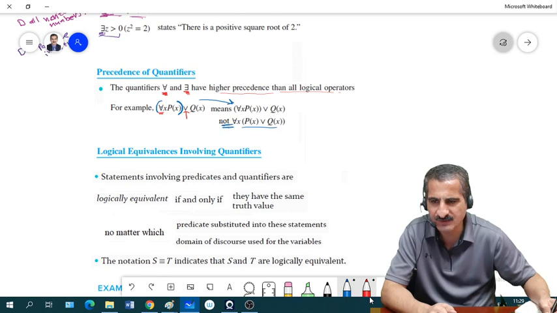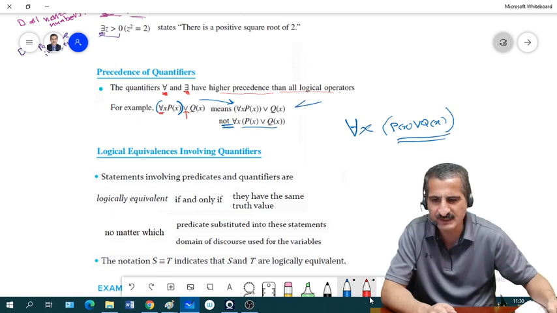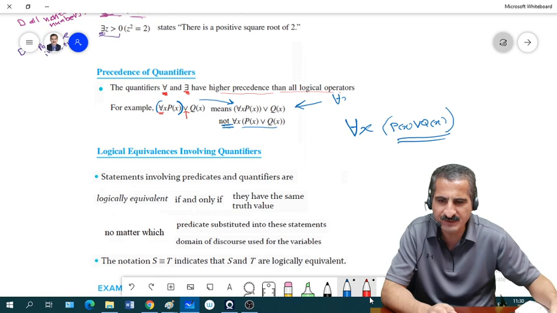This is different. This says I first do the disjunction between q of x and p of x, then I will say for every x this conjunction happens. But for this case it says for every x p of x happens, or q of x alone.